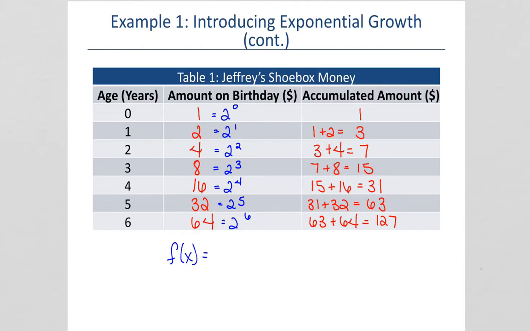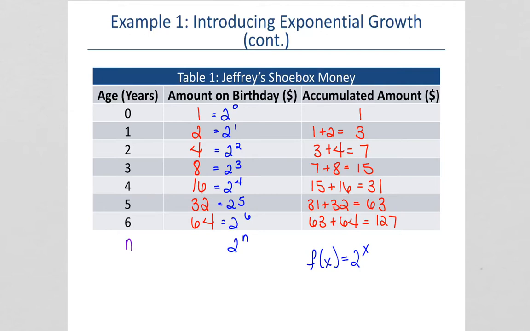Anything to the 0th power is 1. So if you look at this pattern, continuing on here, and we say n, well, that would be 2 to the n for n years. So our function could be f of x equals 2 to the x.